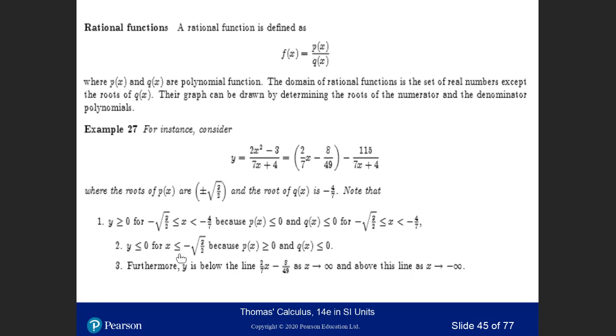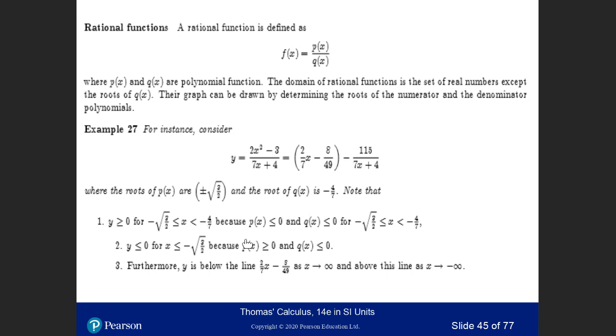Y is less than 0 for x less than minus 3 over square root of 2, because q of x is negative when x is less than that, this is a negative value. So here you have y is negative.